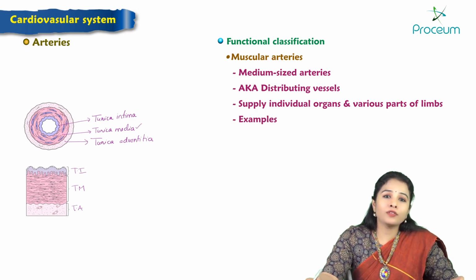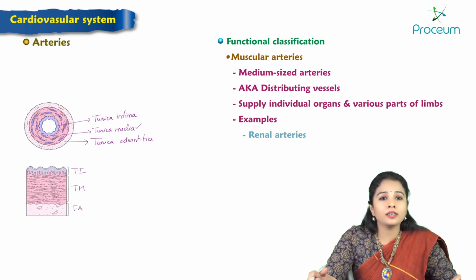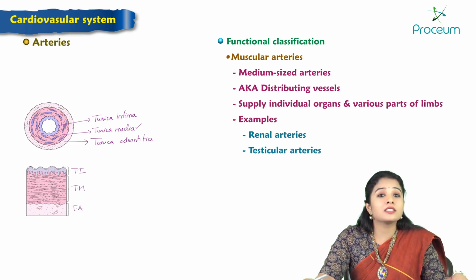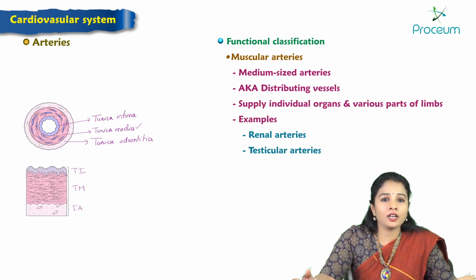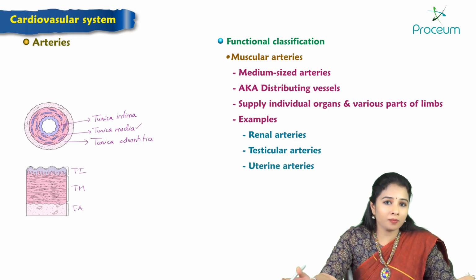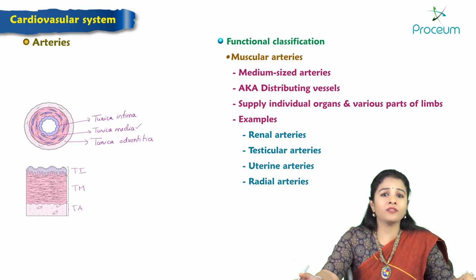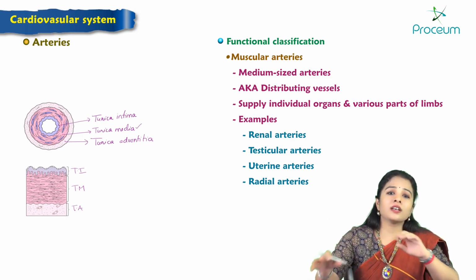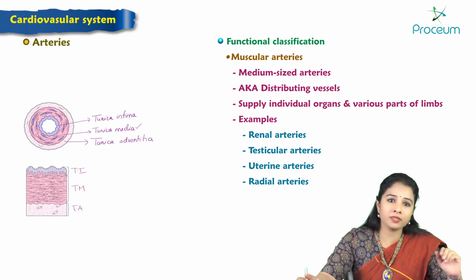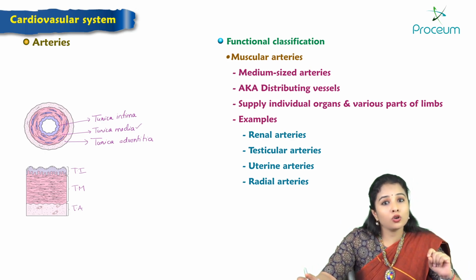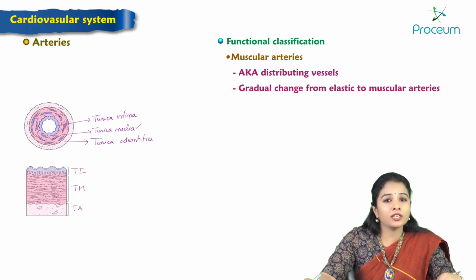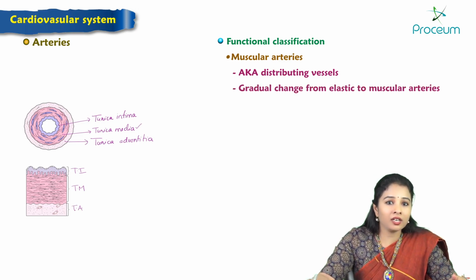Examples of muscular arteries are the renal arteries, near the kidneys, the testicular arteries supplying the testes, the uterine artery supplying the uterus, and the radial artery, where we feel the radial pulse in the forearm. All these arteries are considered medium sized arteries. They are also called distributing vessels because there is a gradual change from the elastic to the muscular arteries.